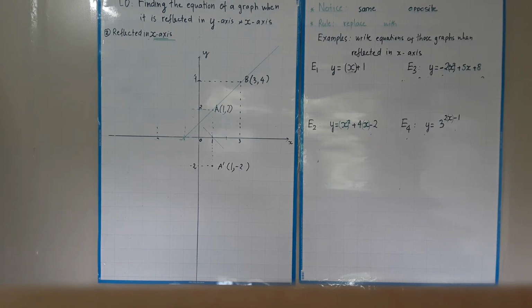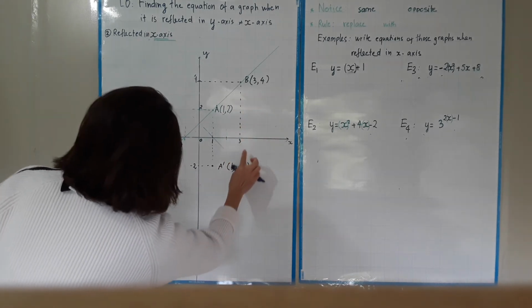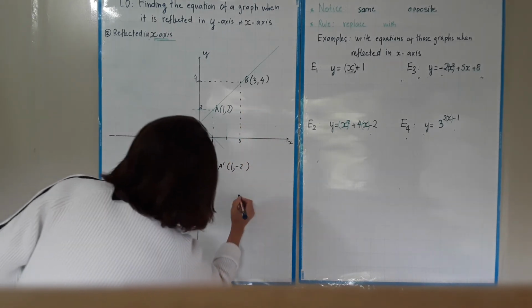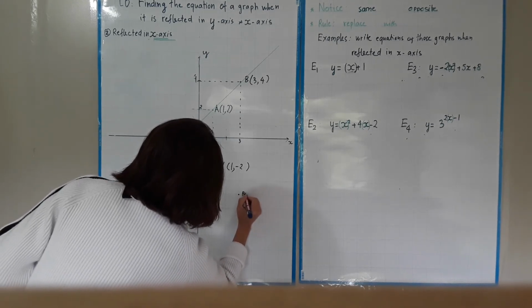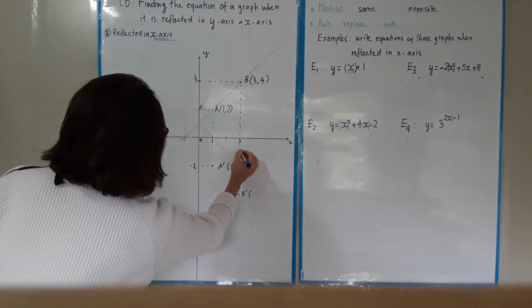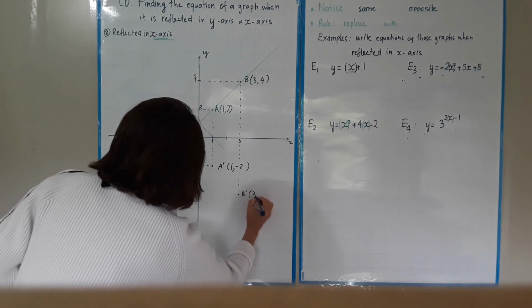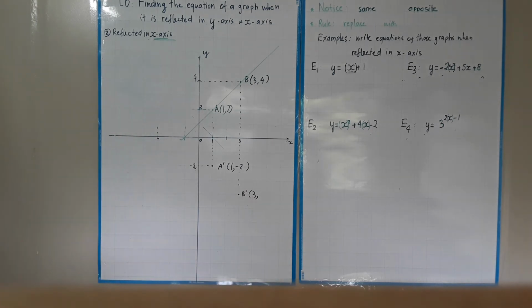Look at point B. How about B? Image of B in x. 1, 2, 3, 4. That is B dash. It has same value of x, which is 3. And value of y, it is opposite.